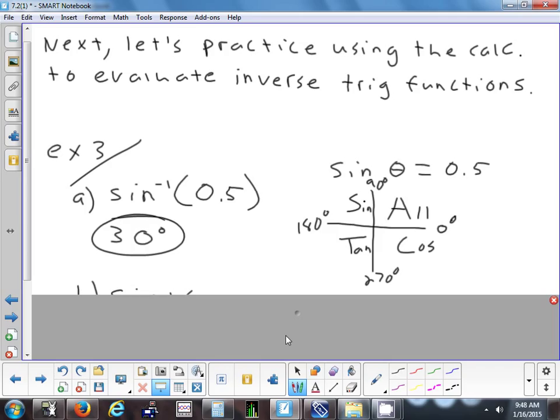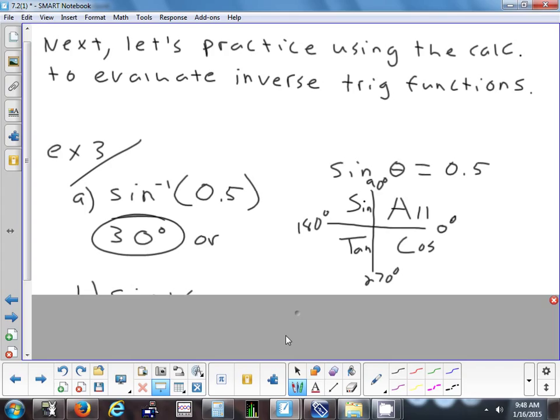What's the other quadrant that sine could also come out positive in, besides quadrant 1? Quadrant 2. I want you to think of this 30 degrees as a reference angle. If 30 degrees was your reference angle, what would be the answer in quadrant 2? Think of your formula for what you do with the reference angle. It has the 180.